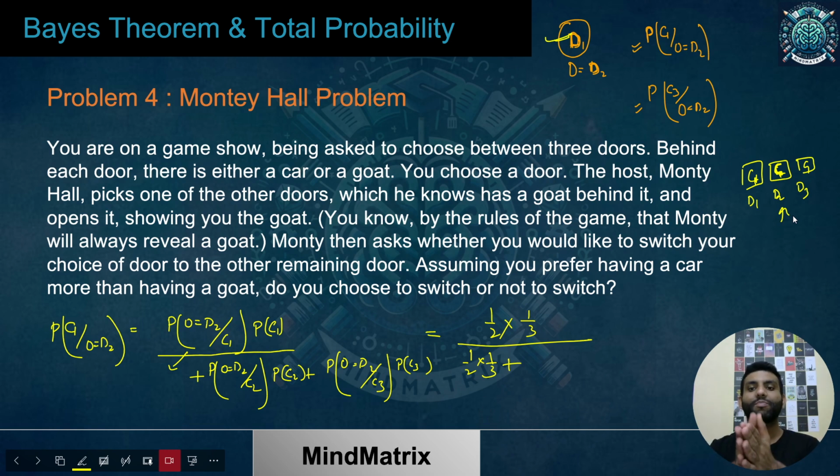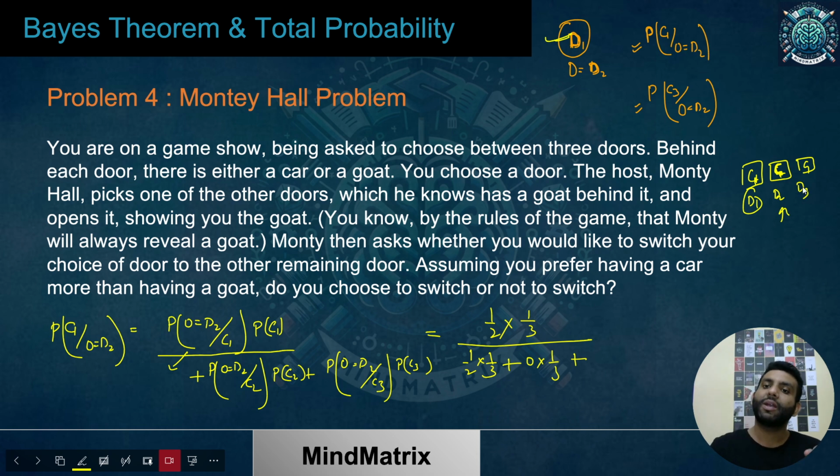Let's suppose you have picked door D1 and the car is behind D2. The host knows it. Will he be opening D2? The answer is no. He won't be opening it for sure. The probability is 0. And again, the probability of C2 is 1 by 3. Plus, you have chosen D1 and you know that the car is behind the third door.